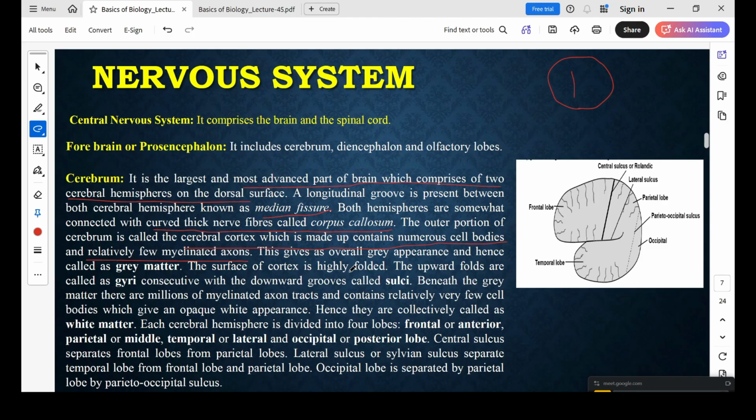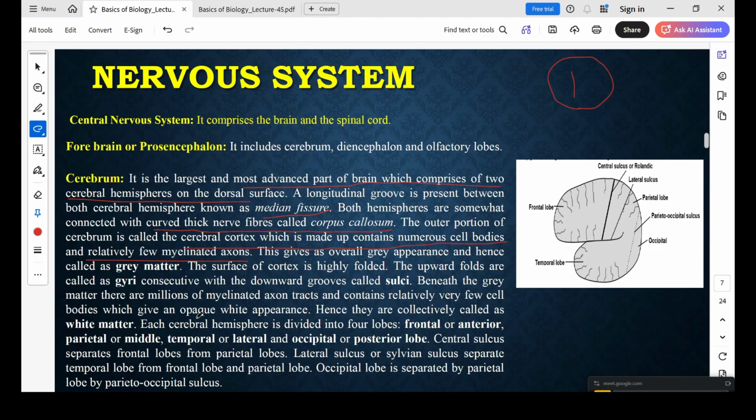So myelinated neurons mean that the neuron body is covered with myelin sheath, which prevents the polarity of the membrane from changing.